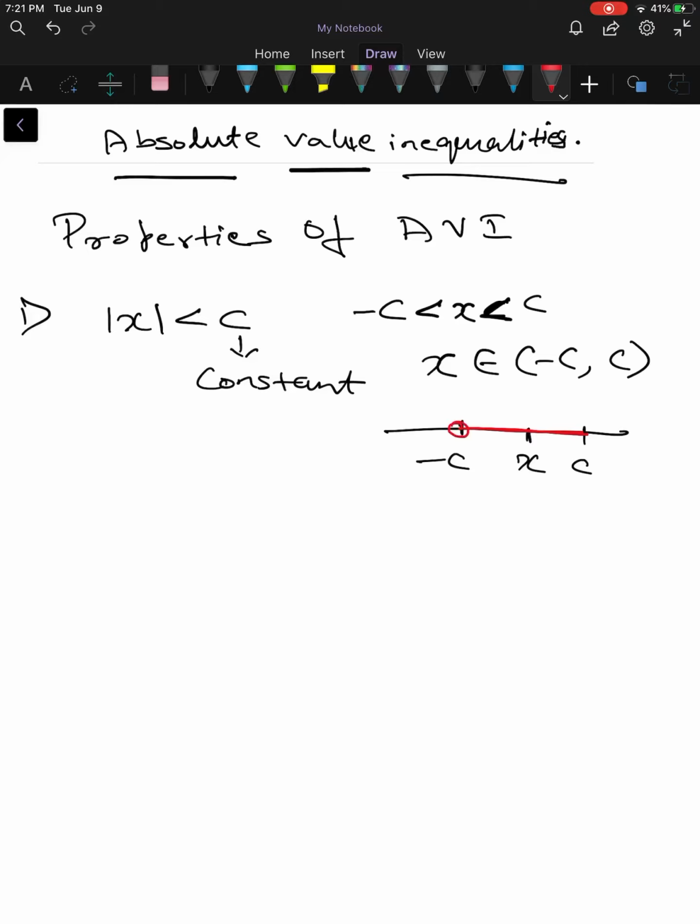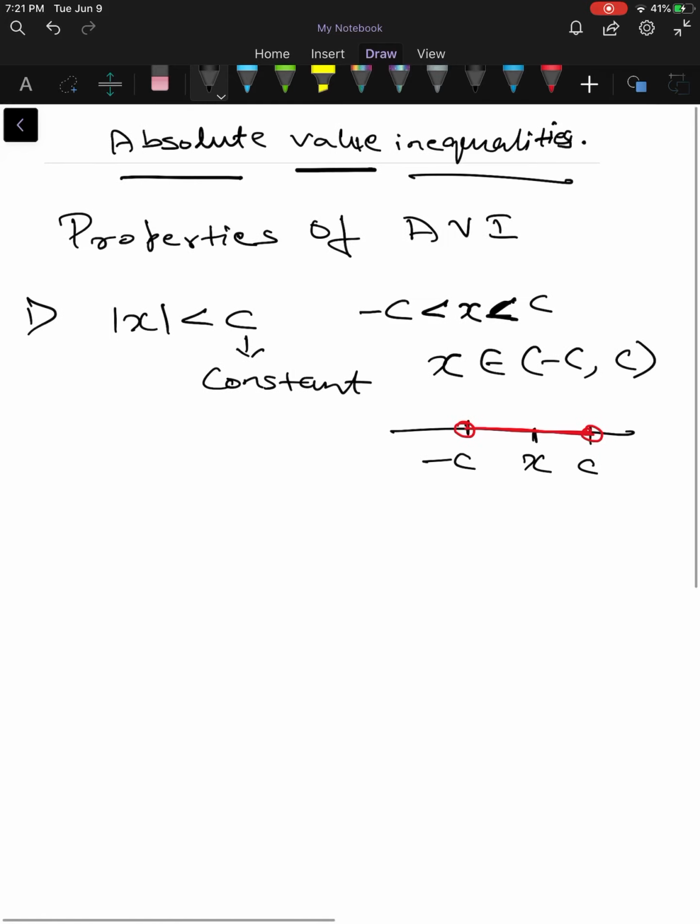So you can write a hollow circle at minus c and c, just to denote that those two endpoints are not included. Second one, absolute value of x is less than or equal to c implies, here you have less than or equal to.